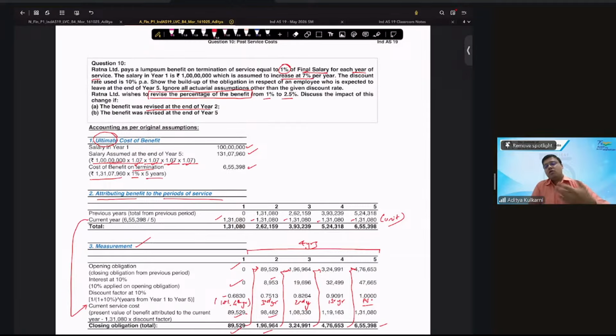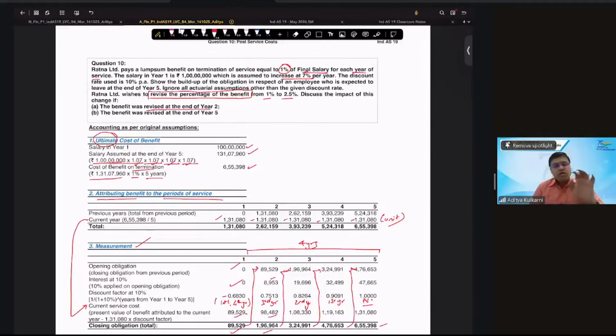So the entity wants to revise this benefit. So therefore, this is very much within the control of the entity. So can I say that this is not just an estimate? This is a fact. Do you agree with this? Yes, sir. This is a fact, number one.